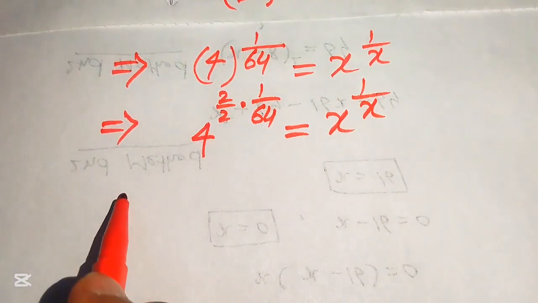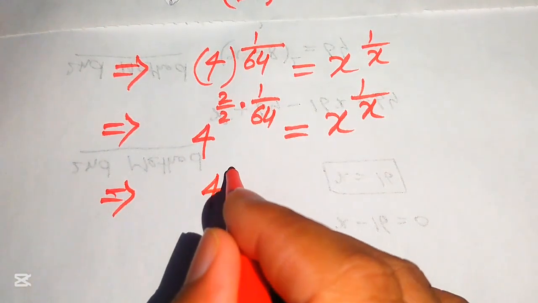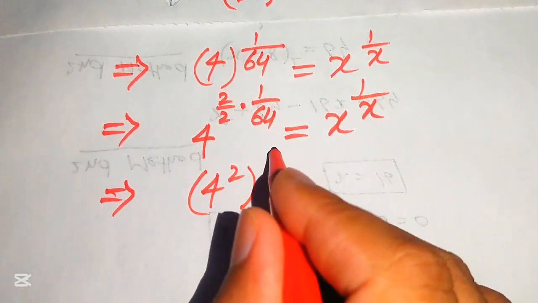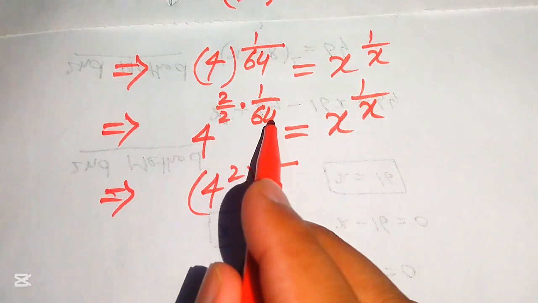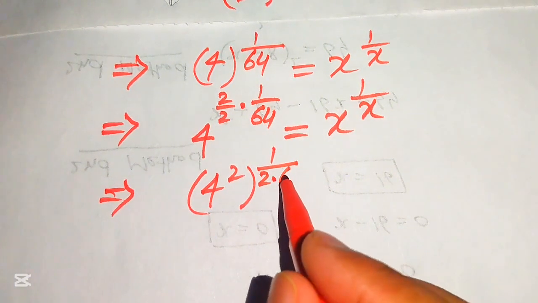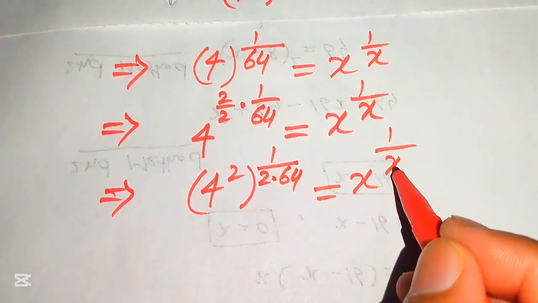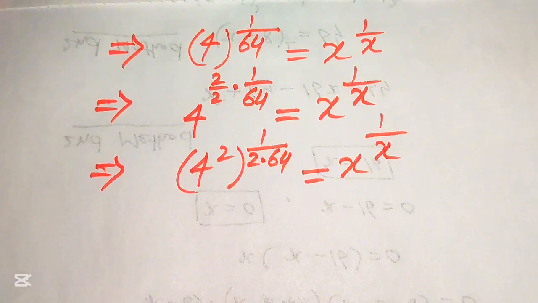And here again we move this 2 inside the term, and it becomes 4 squared, and its exponent is 1 over, we multiply 2 with this 64, so 2 times 64 is equal to x to the power of 1 over x.